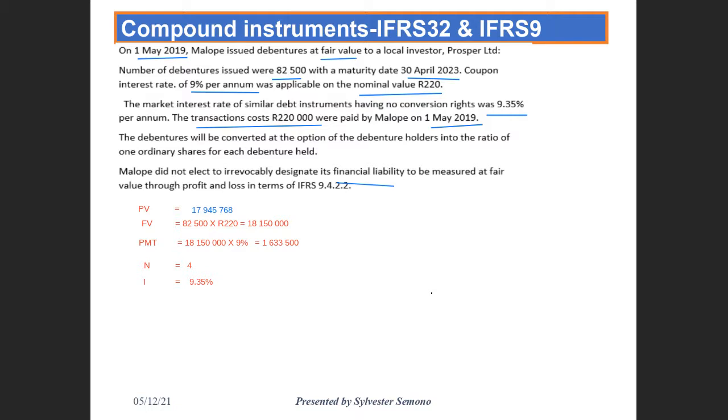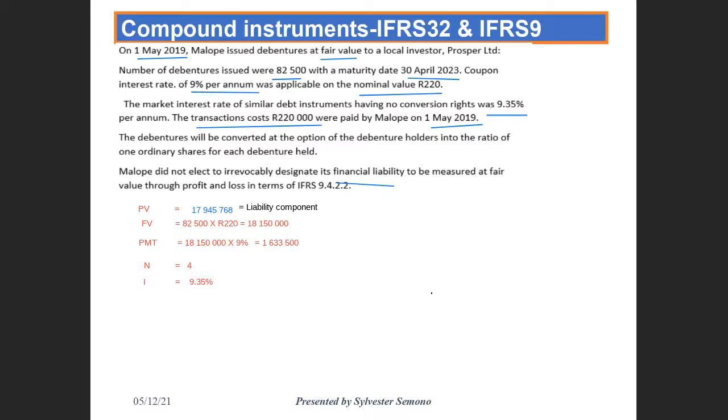Okay, because we are dealing with compound financial instruments, it means we need to apply what we call split accounting. So this 17 million will be the liability component, meaning the remainder will be the equity component. So what we can do, we can say, okay, therefore, because I'm going to squeeze it here, because we have got a liability component.